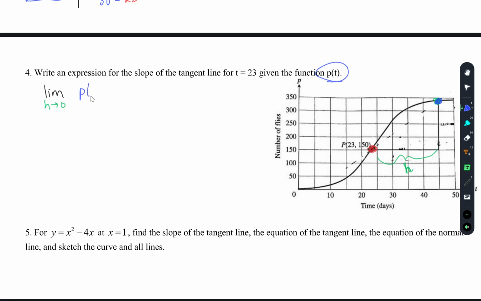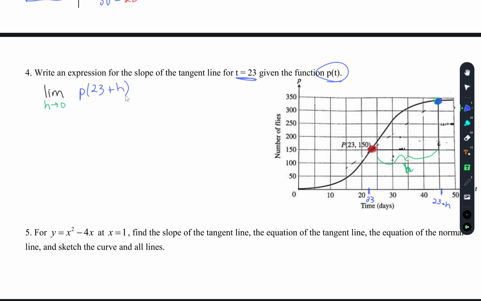Okay, so P of, and the number 23, because you're starting at 23, and this is your h distance away. They're not talking about it as a specific point, they're talking about it as a different distance.